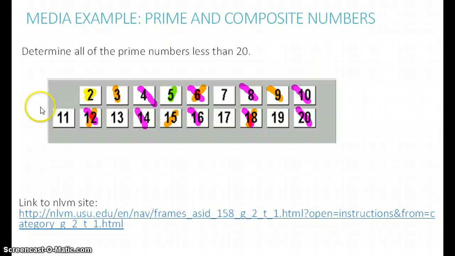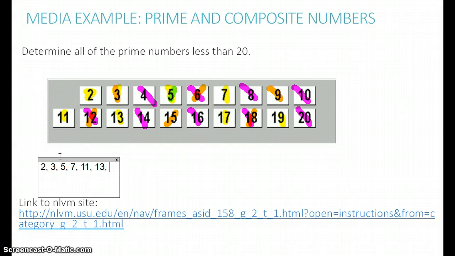There were no remaining numbers that were multiples of 5 that we hadn't already canceled out. 7, 11, 13, 17, and 19 were all prime numbers because they had no factors besides 1 and themselves. So, the prime numbers less than 20 are 2, 3, 5, 7, 11, 13, 17, and 19.